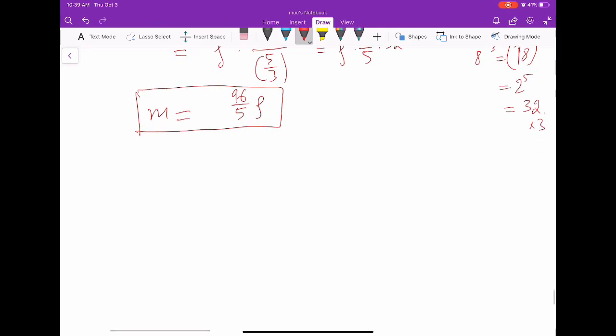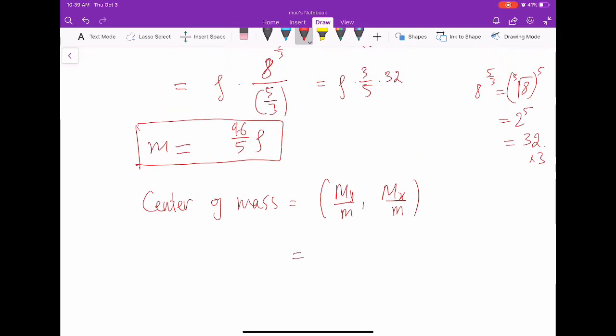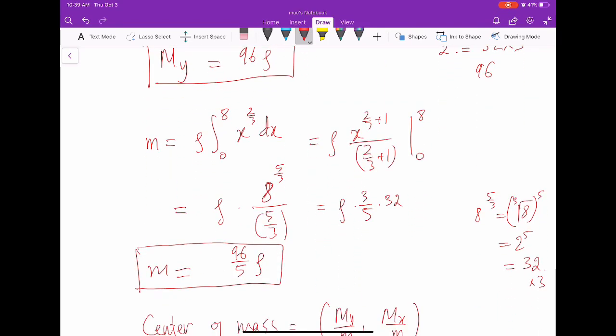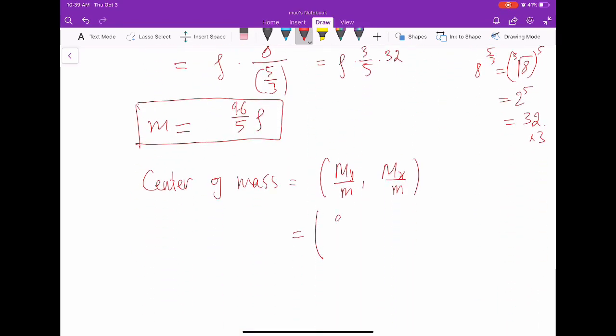From here, I can write the center of mass. That is my over m and mx over m. So you just plug numbers into this. My is 96 rho over 96 rho over 5, right?